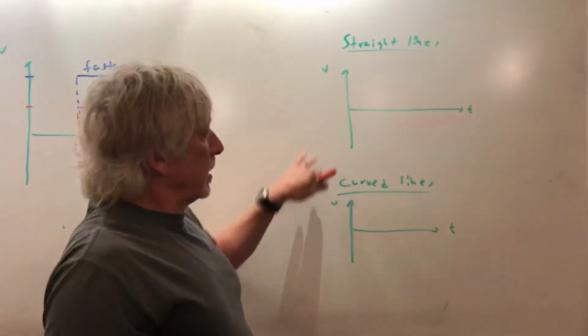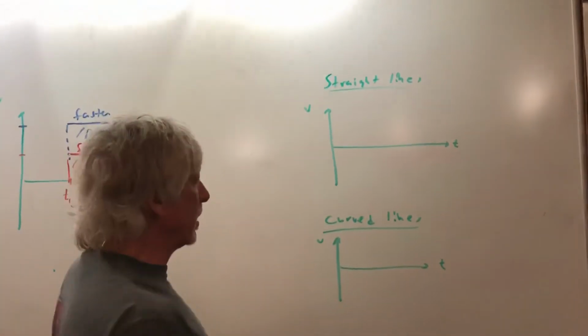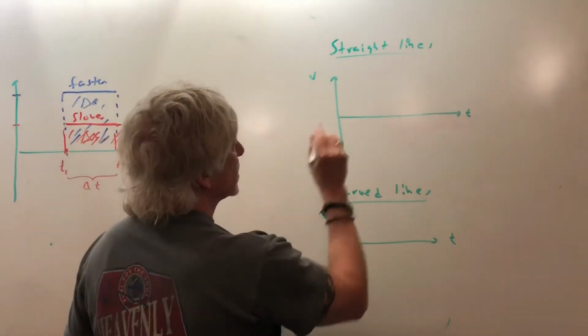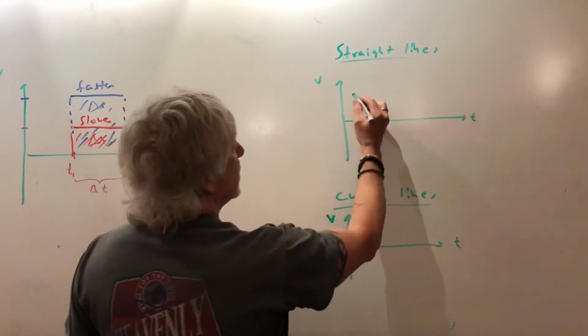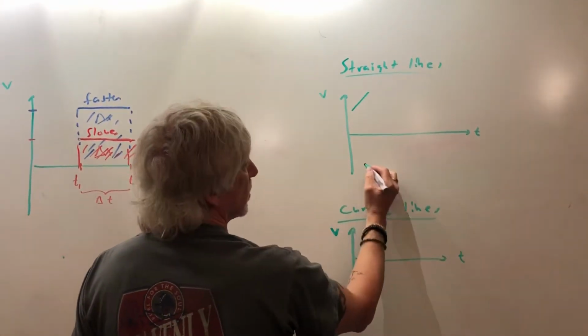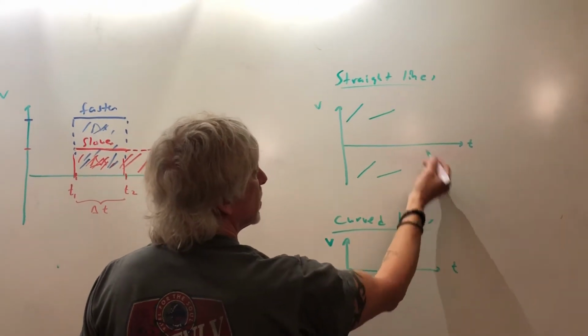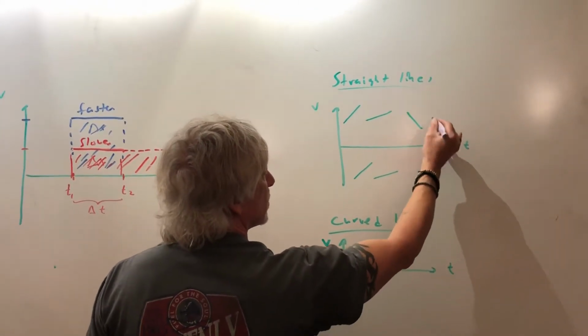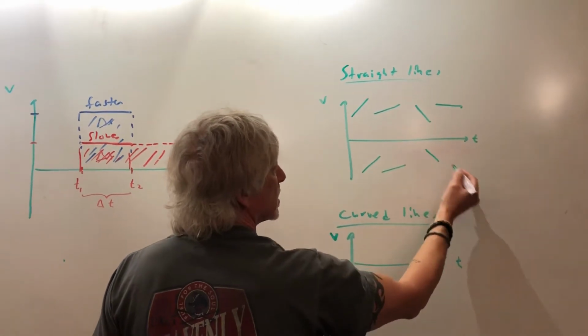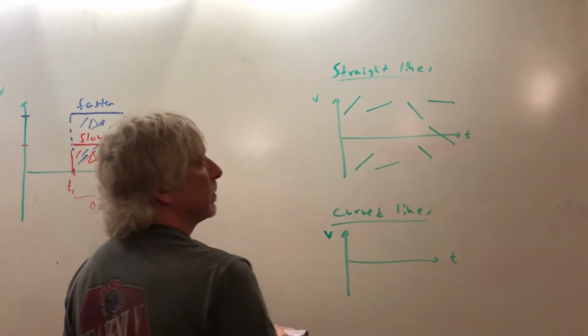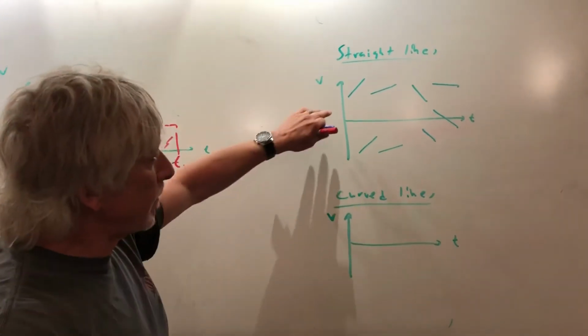What does a straight line on a V versus T graph and a curved line on a V versus T graph mean? A straight line means either going up here, or it could be going up here, or not as steep here, or it could be going down, or not as steep down, and it doesn't matter where it is. But you have straight lines.